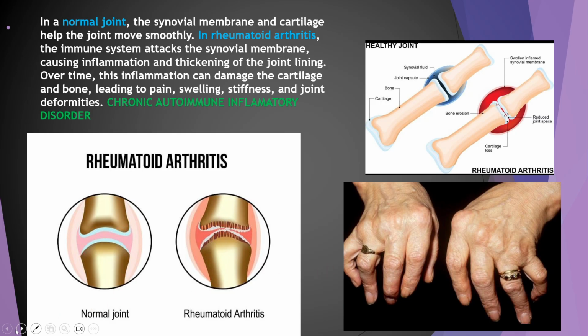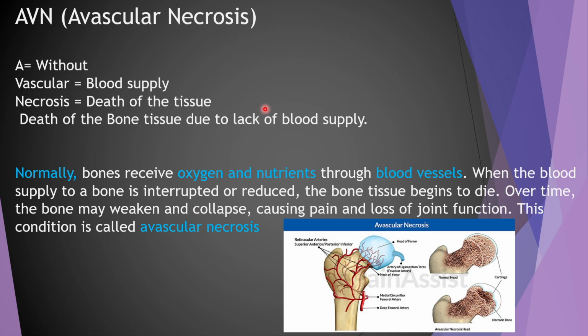Coming to the next, avascular necrosis. What do I mean by avascular necrosis? A means without, vascular means blood supply, and necrosis means death of the tissue. So the death of the bone tissue due to the lack of blood supply is known as avascular necrosis. Normally the bone receives oxygen and all the nutrients through the blood vessels. When this blood supply gets interrupted or reduced, the bone tissue gradually dies.